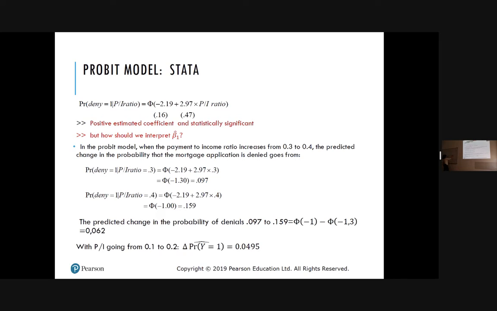And then this area here is the probability of being denied when x is equal to 0.3. Okay.